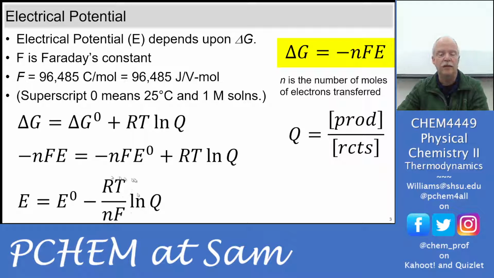But still, this is a way to take the standard cell that we can look up in tables, and the actual concentrations that we have in our reaction, and get an actual voltage for the cell. So let's develop the Nernst equation from this starting point.